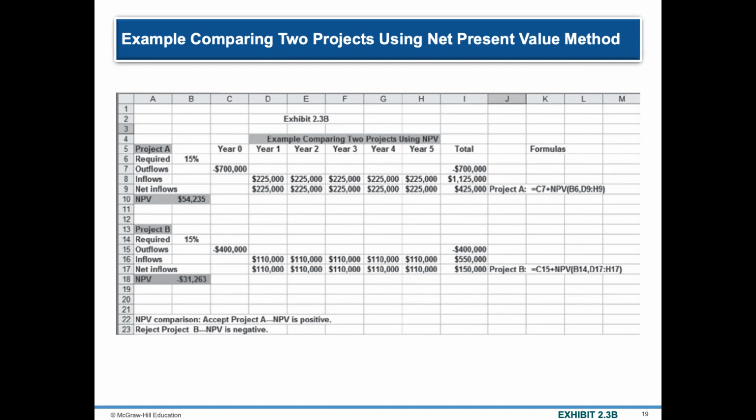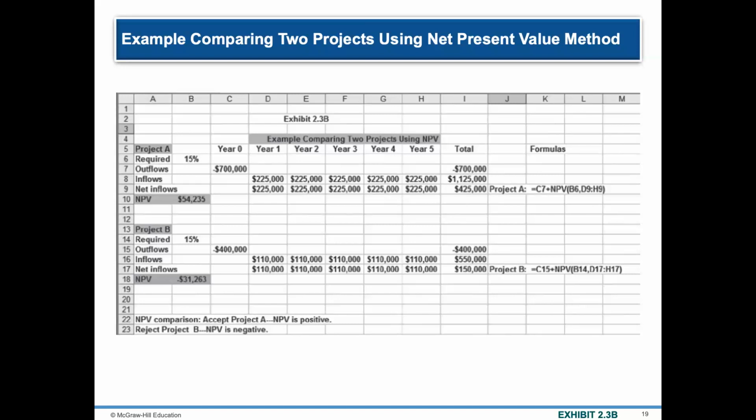In exchange, you get an annual savings of 225,000 for the next 5 years. But the management is requiring a rate of return of 15% at the very least.